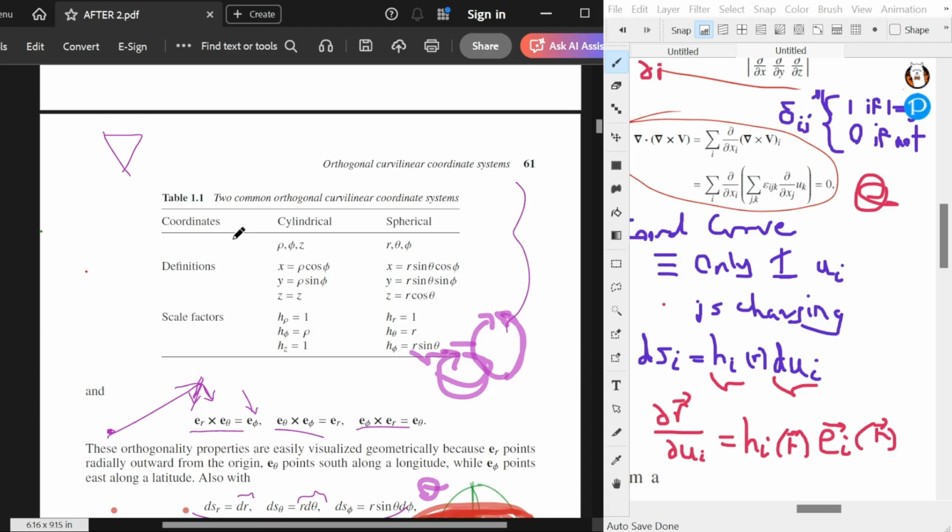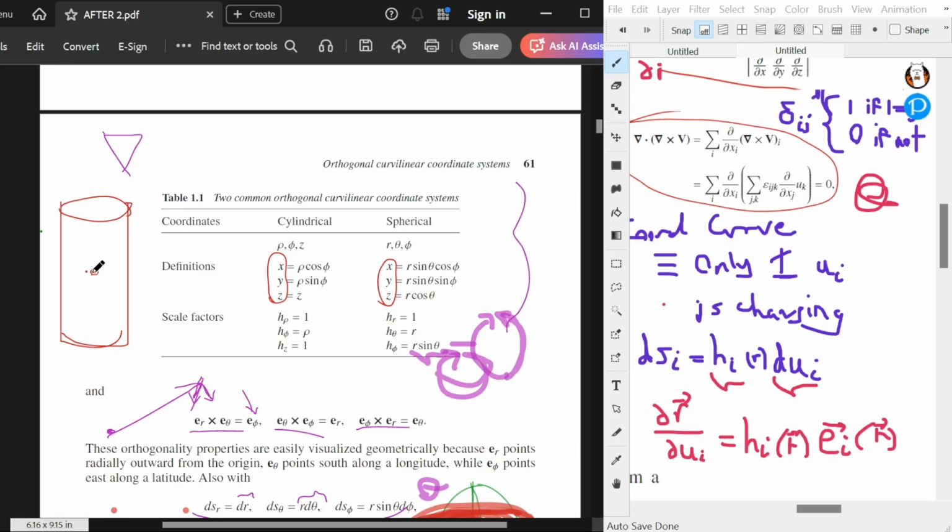Coordinates, definitions, scale factors. So by definitions, they mean writing it in terms of x, going back and forth, those relationships. So let's just address a cylinder.